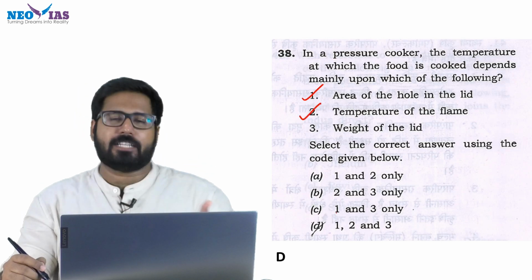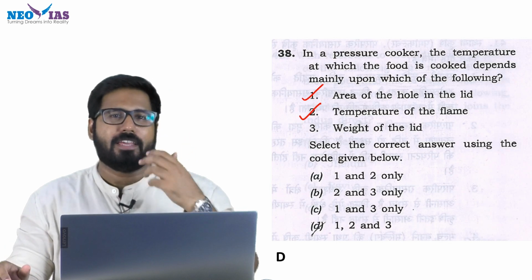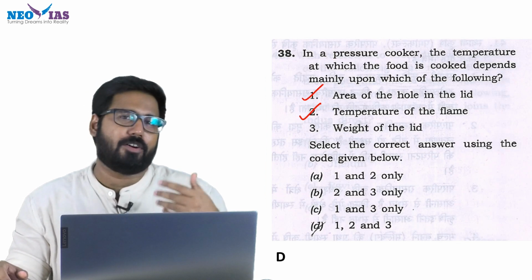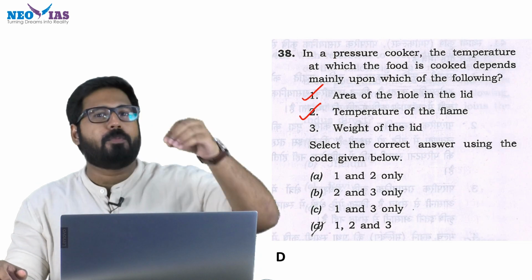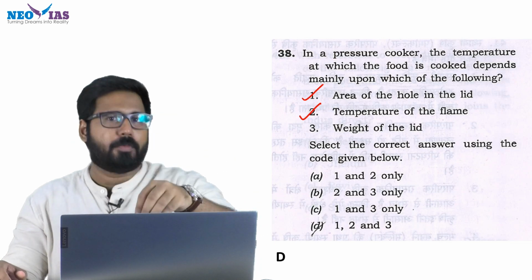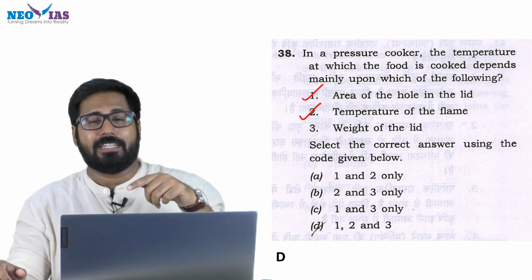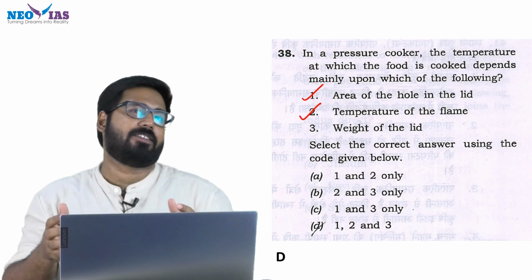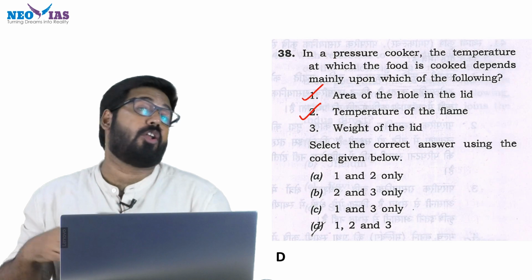And the third statement as well is very straightforward. In your homes as well, if you have asked your mother, if you want to boil something much more quickly, if you're making black tea or something, then you will put a lid on it. The main idea for putting the lid on top is that the pressure is maintained. And if you're putting a heavy lid on top of a saucepan or something, then the pressure is built inside that saucepan for a longer period of time.